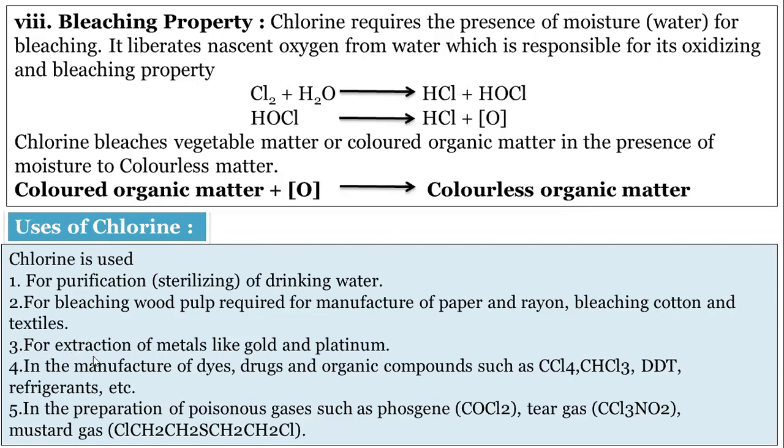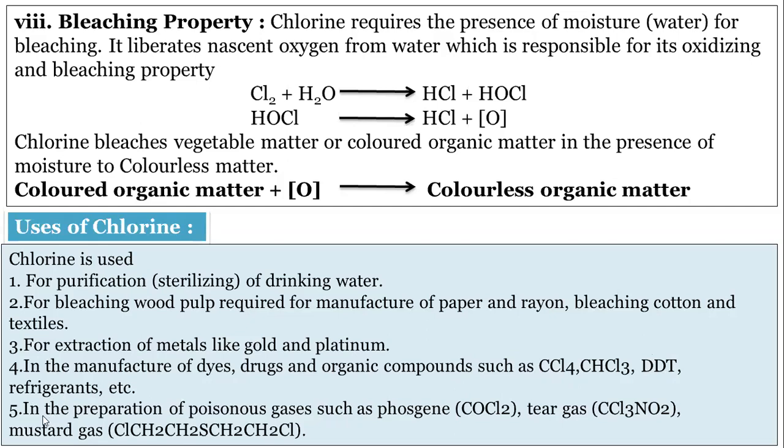It is used for the extraction of metals like gold and platinum, in the manufacturing of dyes, drugs, and organic compounds such as CCl4, carbon tetrachloride, CHCl3, which is chloroform. Then DDT, which is banned now. DDT is also given in chapter number 10, halogen derivatives, and refrigerants.